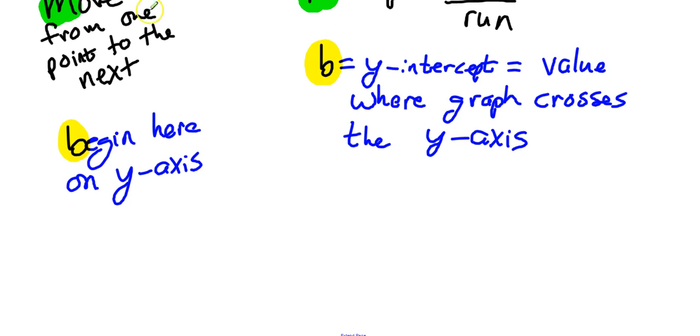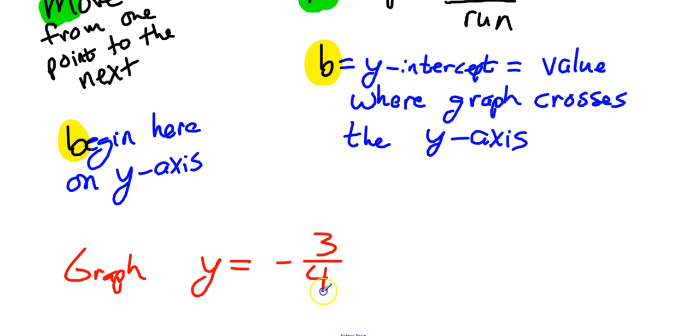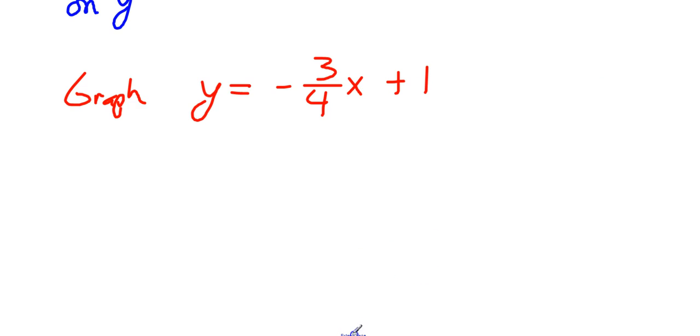Okay, so the very first thing they're going to do is give you an equation and ask you to graph it. And you'll have something like this, where you've got y is equal to negative 3/4 x plus 1.